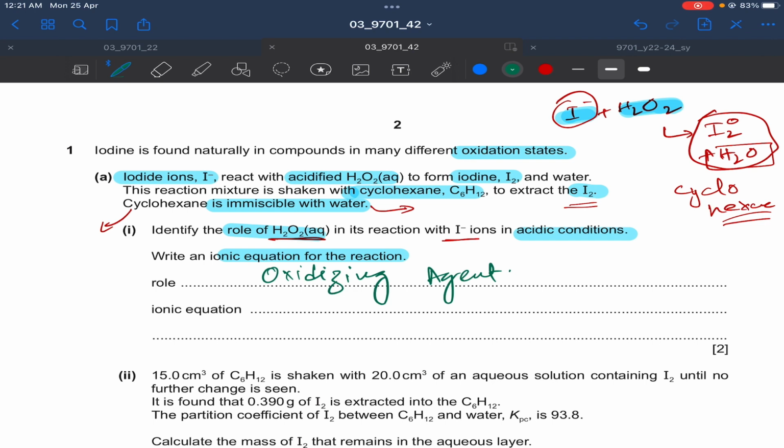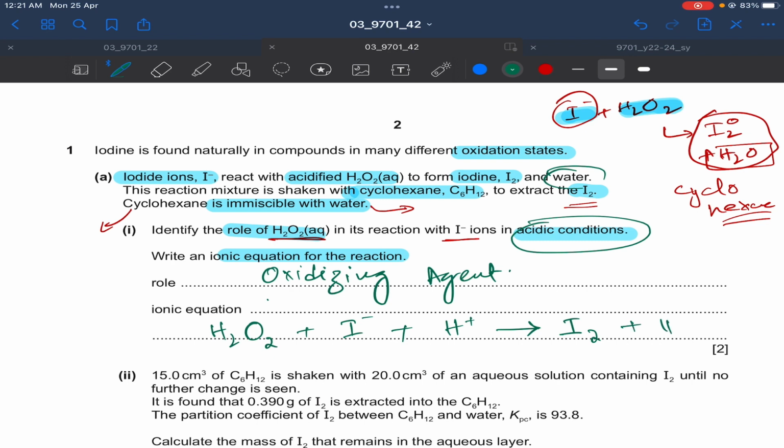And now the ionic equation. We have to write the ionic equation for this reaction. So basically hydrogen peroxide H2O2 is reacting with iodide ions, right, in acidic conditions. So that means we have H plus ions also present in the solution. And then on the product side, we get iodine and water.